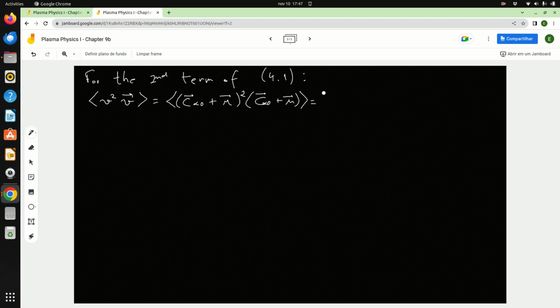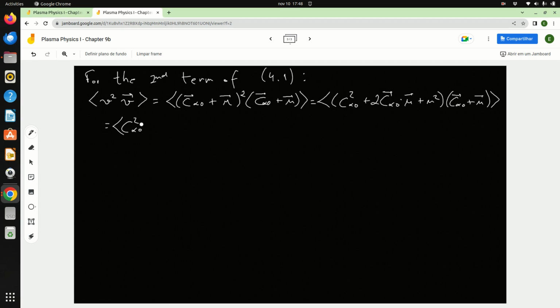Now, let's rewrite this by distributing this product to C alpha 0 dot U plus U square C alpha 0 plus U. Actually, I have just opened this square here. I can rewrite it like this, or just do the distributive.